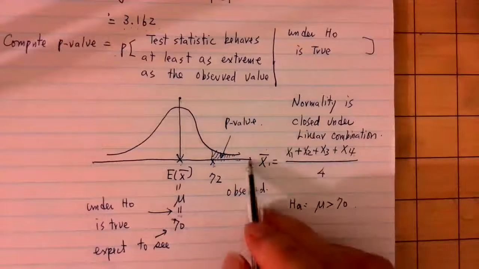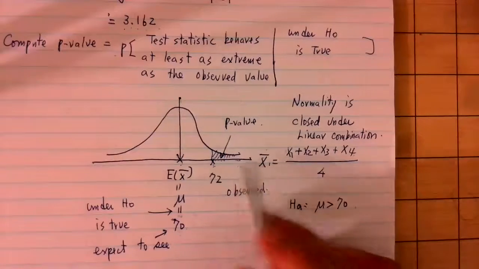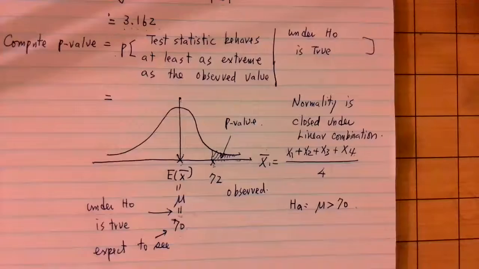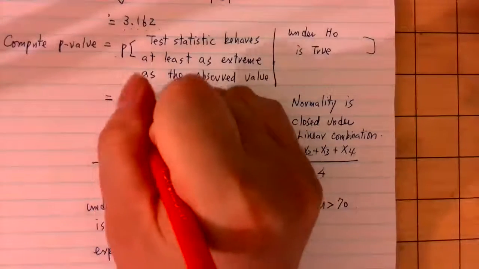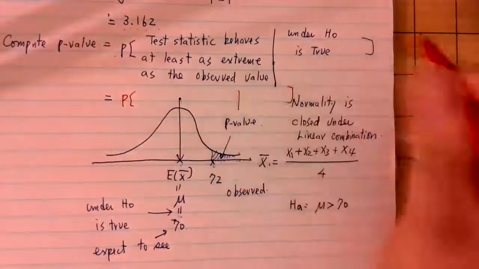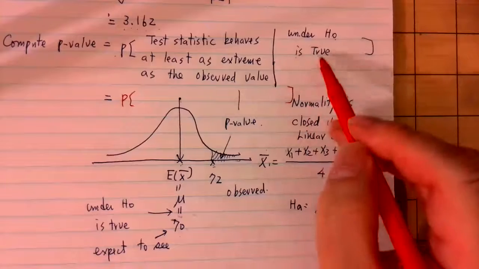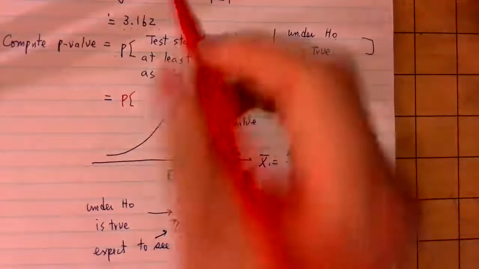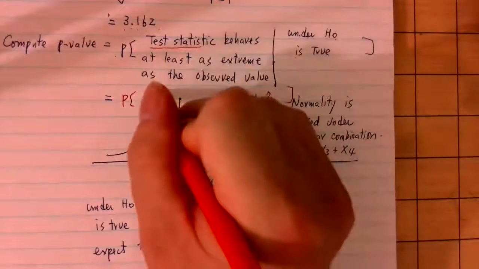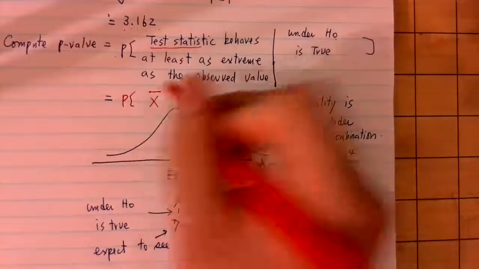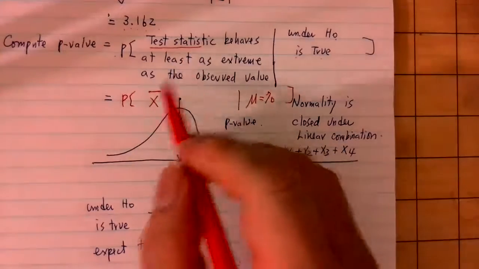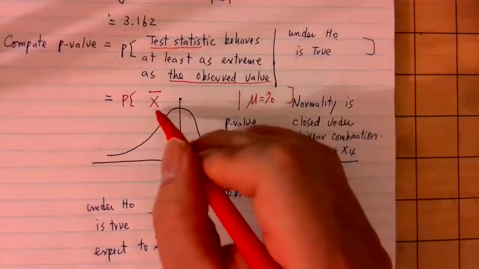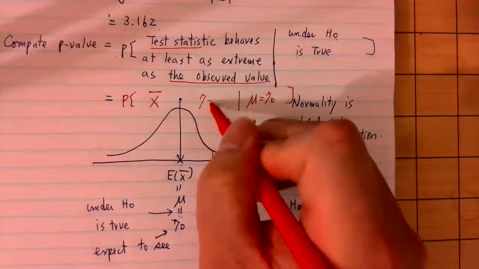Our next job is to find the size of the shaded area. Before we do that, let's make this description concrete. Under the assumption that H naught is true, mu is equal to 70. The test statistic is X bar, the sample average, used to estimate mu, and the observed value is 72 days.